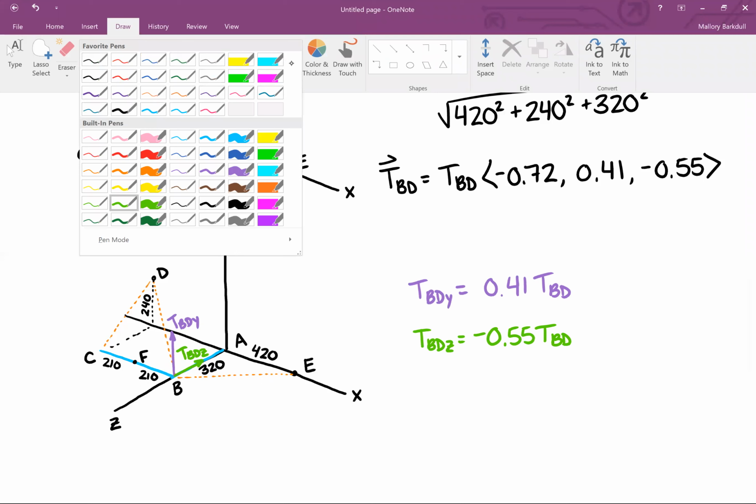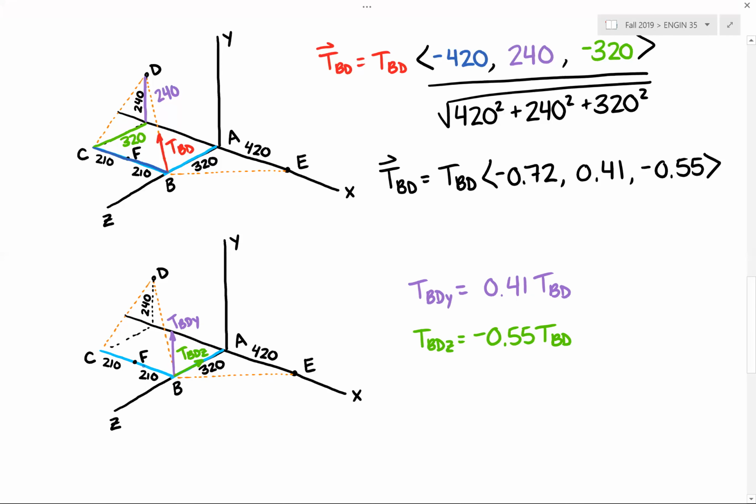And then I have one more component, which is my x component. That is TBDX, which is negative 0.72 TBD.